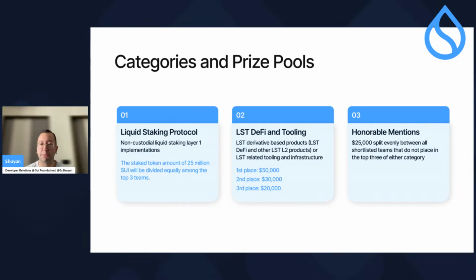That would be an example of a protocol doing both option one and option two. They have the base liquid staking protocol, and they have the other dApps, the other ways you can earn yield on top of the already staked token.